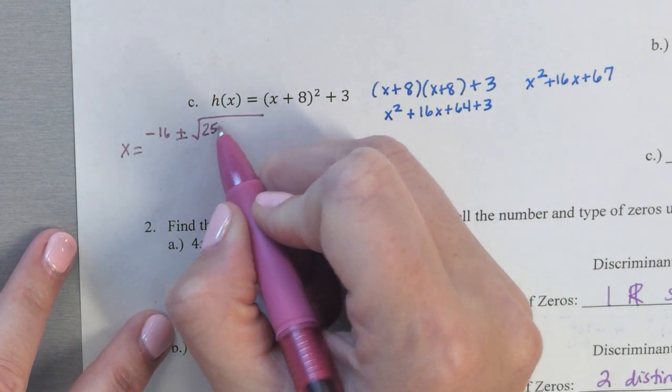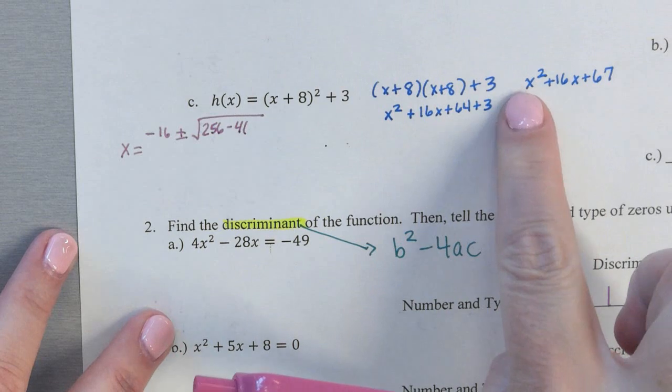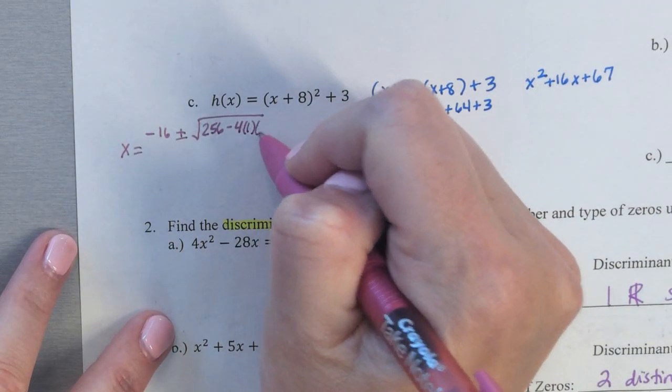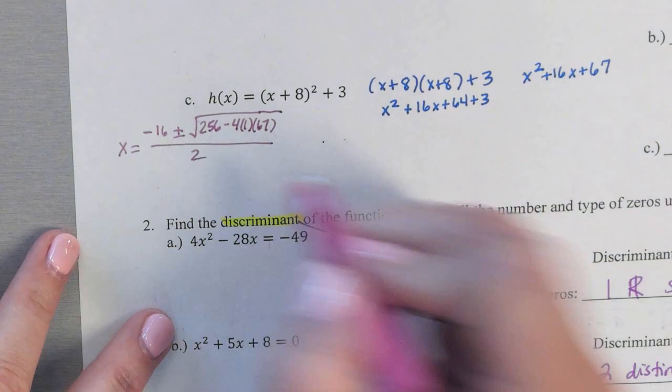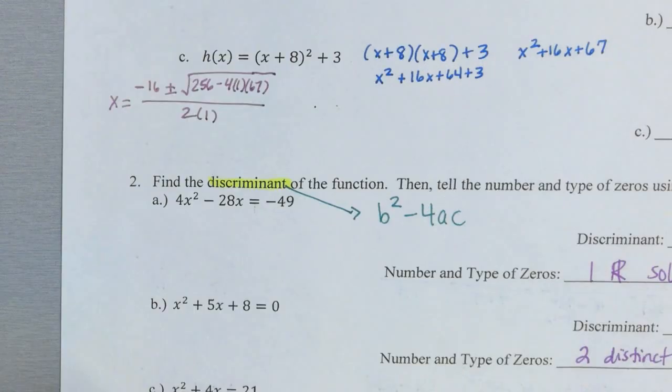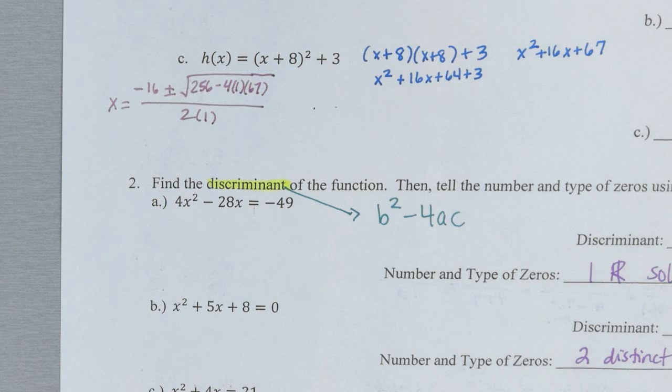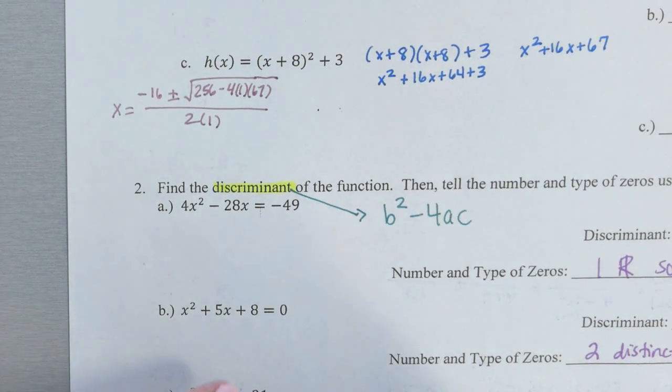Okay, so 256 minus 4. My a is 1. My c is 67. Divided by 2 times 1. Okay, so 4 times 67 is going to give me 268.